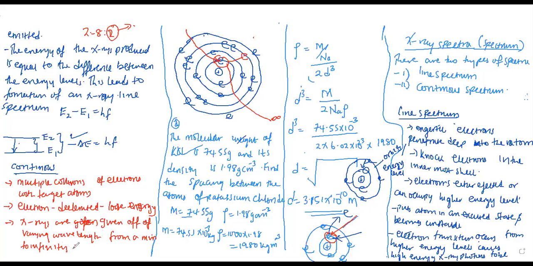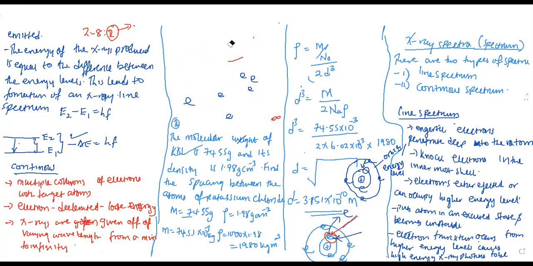But the minimum wavelength produced is what we are calling the cutoff wavelength.